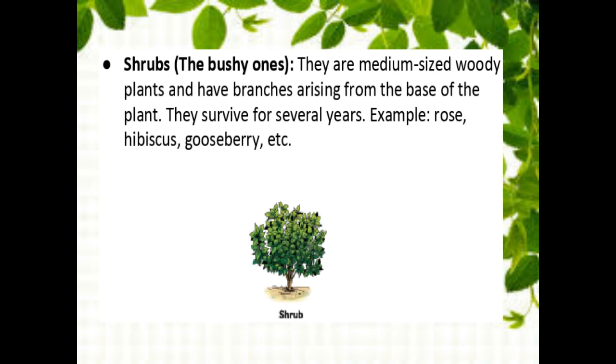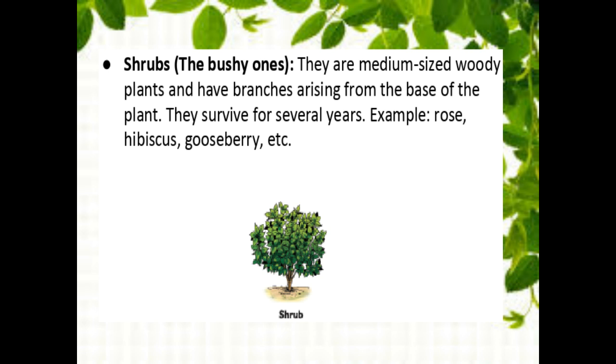Okay, then shrubs. These are medium sized woody plants. They have a strong stem that looks like the trunk of trees, but they will grow to a medium size, not as tall as trees and not as short as herbs.